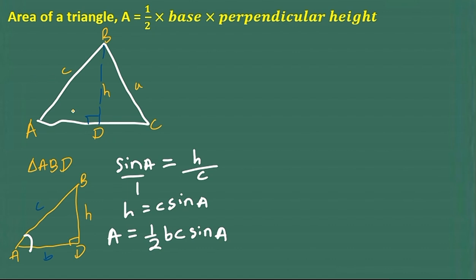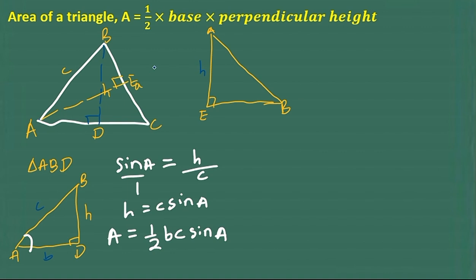Also, if we draw a perpendicular line from A to the base BC, and let's call this point E. So sketching out this triangle, this point is called E, and this will be the point B, and here is A. So here will be the height of the triangle, the line AE.